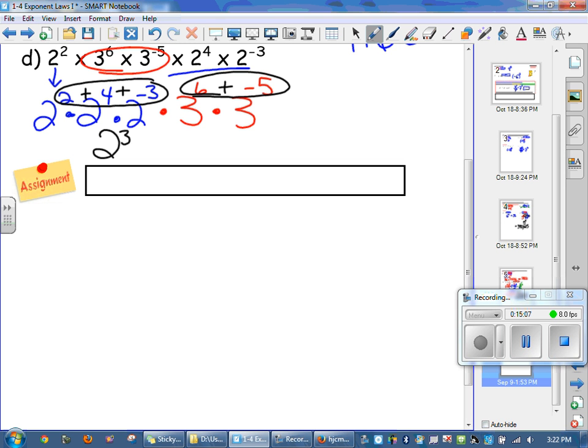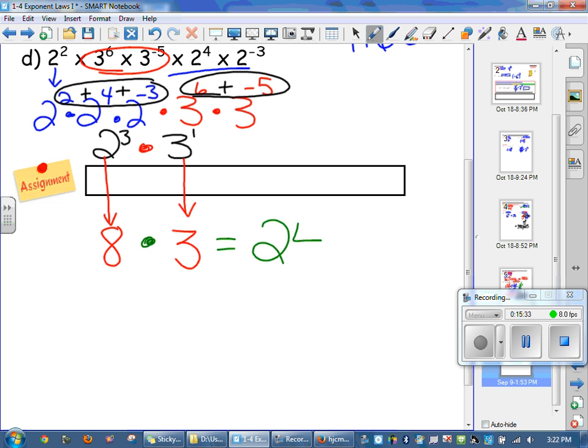And again, I am multiplying, so now I need to solve each separately. They are different bases, so I cannot combine them by adding their exponents. So solving 2 exponent 3, that's 2 times 2 times 2, which is going to give me 8. I solved 3 exponent 1, which is just 3, and it's asking me to multiply those numbers. So my final answer, evaluated and solved, would be 24.